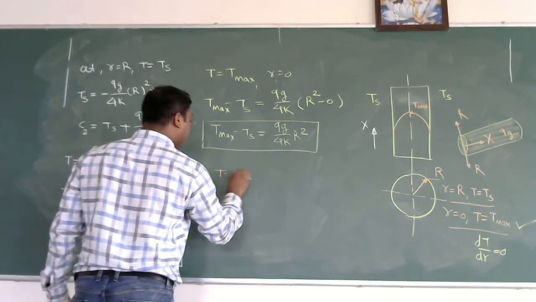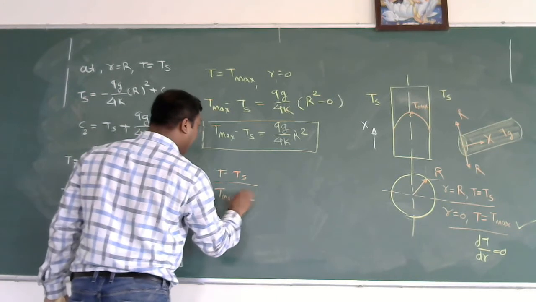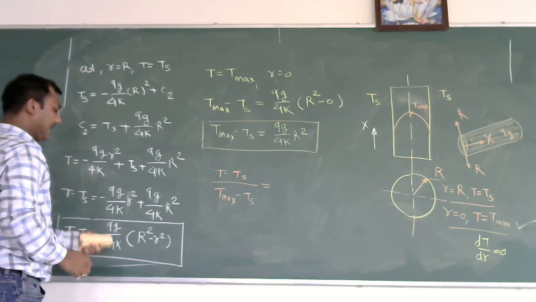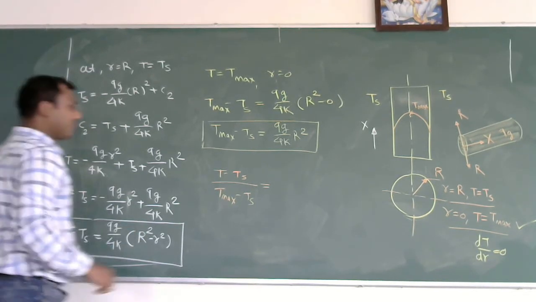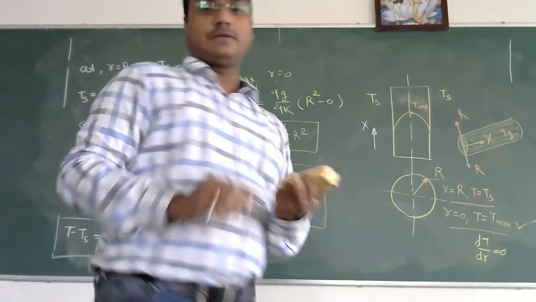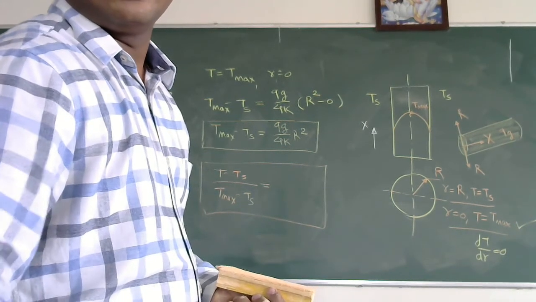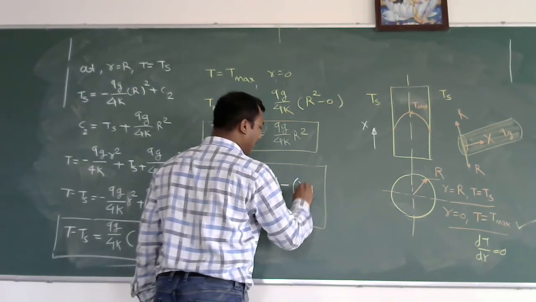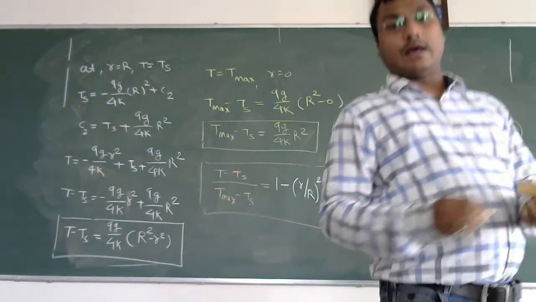Then if I take the ratio T minus Ts divided by T max minus Ts, Qg by 4k gets cancelled out. Here I have R square minus r square. If I take R square as common, I get T minus Ts over T max minus Ts is equal to 1 minus (r by R) square.